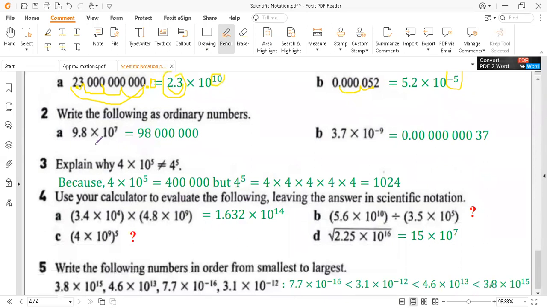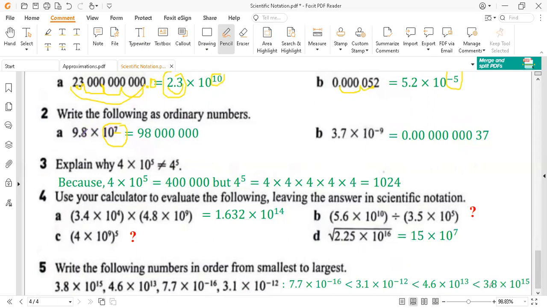Moving on to the following example: write the following as ordinary numbers. When we multiply by a positive power of 10, we want to enlarge the number, so we move the decimal point to the right 7 places.